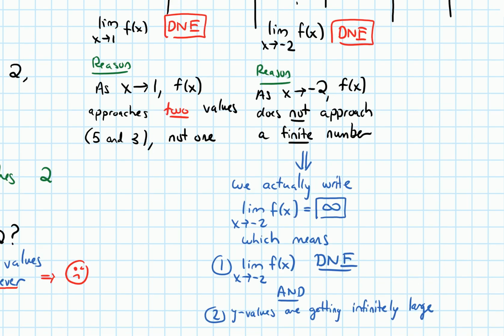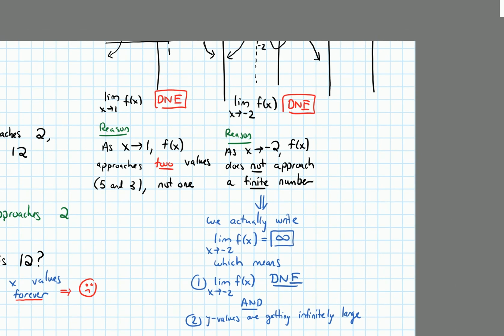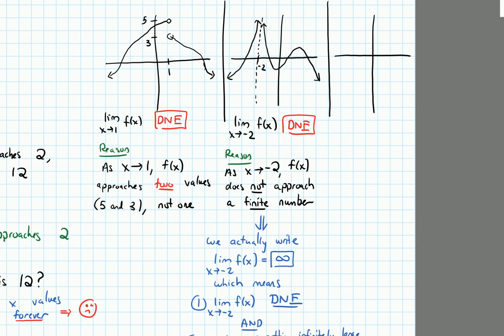So if I have a limit like this that's DNE, but I can be more specific, like if the y values are getting infinitely large, I should specify that and say the limit is actually infinity. Infinity falls into the DNE category because it's not finite, but I want to be more specific. In the same way, even if my graph had been going to negative infinity on both sides, I would have specified that the limit is negative infinity.